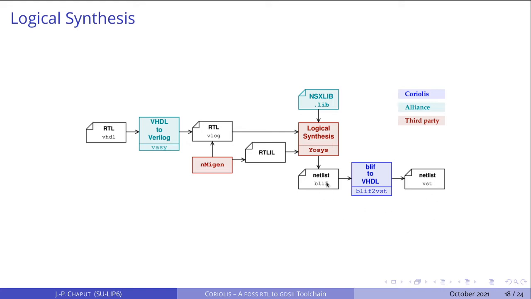It generates a BLIF file, which is a kind of netlist file, but an older format. This format we have to translate using the blif2vst program. VST itself is a kind of restricted VHDL format for netlists only. It is a format which is particular to Alliance, but compatible with VHDL, basically.